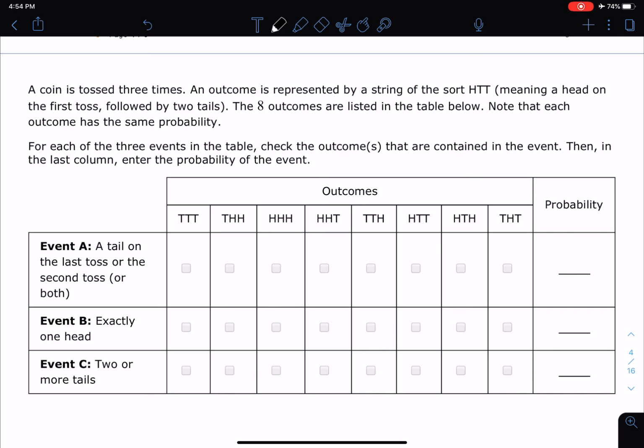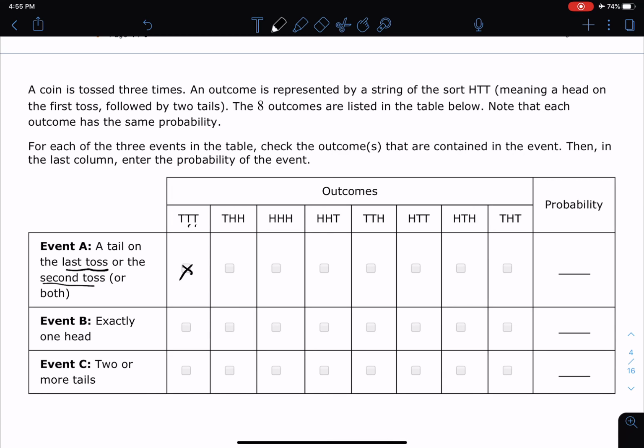So what is this first event? I'm going to use color to try to see this. It says event A wants a tail on the last toss or the second toss, or both. So last or second or both. Well, that covered our bases there for sure.